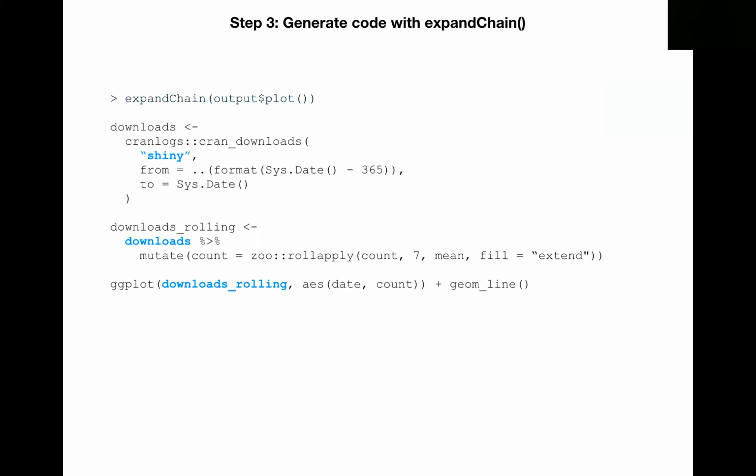So it resolves those to include the input value, like whatever input$package represents at the time that you call expand chain. Say my text input had Shiny in it, then it's going to replace that dot dot input$package with Shiny. And then in downstream code, it's smart enough to reuse the names of these other variables that you created along the way.